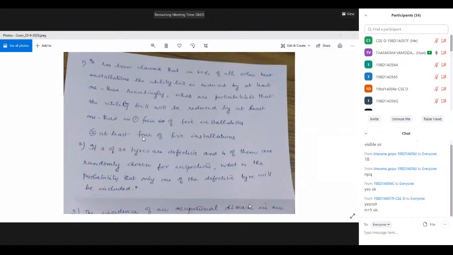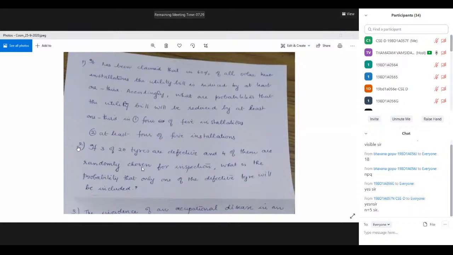At least means minimum. 4 also you can take. At least 4 means see the second bit notation, that is probability of x greater than or equals to 4. That can be written as probability of x equals to 4 plus probability of x equals to 5.